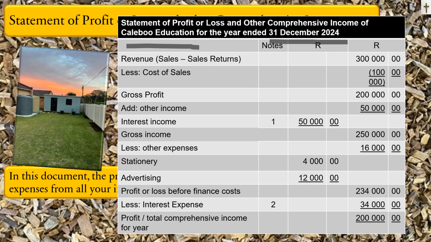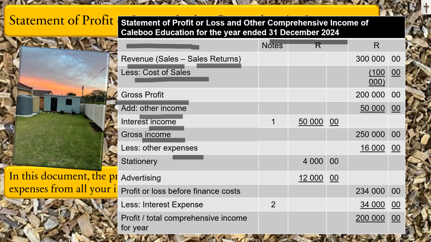Here you have revenue, which is sales, less the sales returns, less cost of sales gives you gross profit. Add other income. There was possibly interest income from a fixed deposit. That gives the gross income. Less other expenses and interest expense, for example, interest on loan, and you will eventually get the profit or loss for the year.